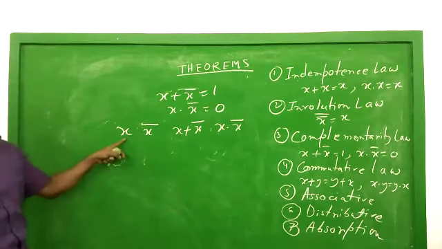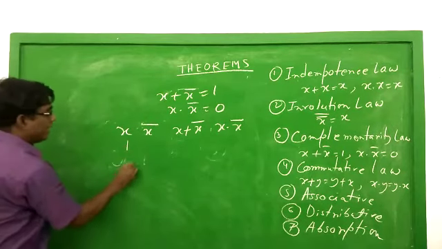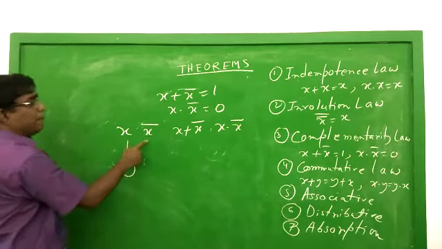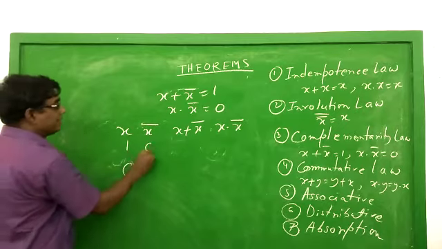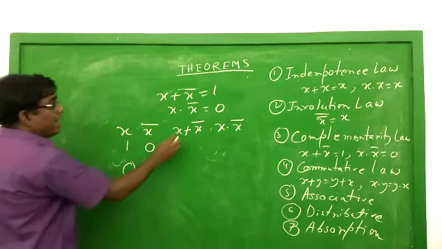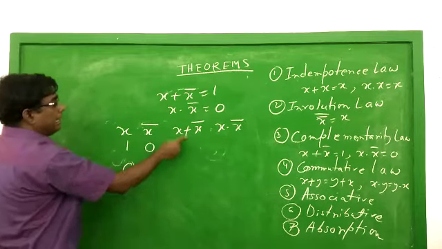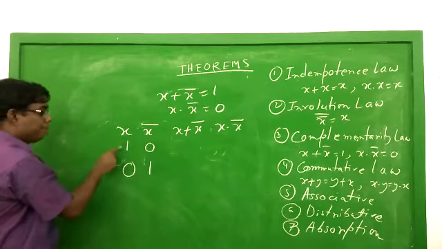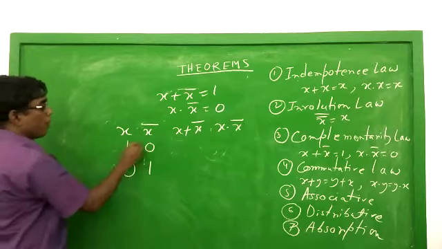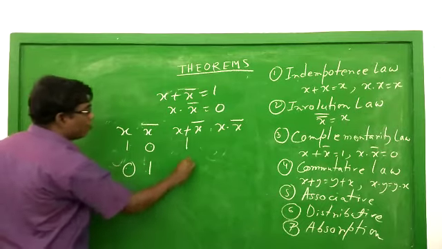You have a single variable x, it can be 1, it can be 0. Now x complement means opposite of x: 1, 0, 0, 1. Now x or x complement, or of these two, in case of what? If one input is 1, then the output will be 1: 1, 1, 1.